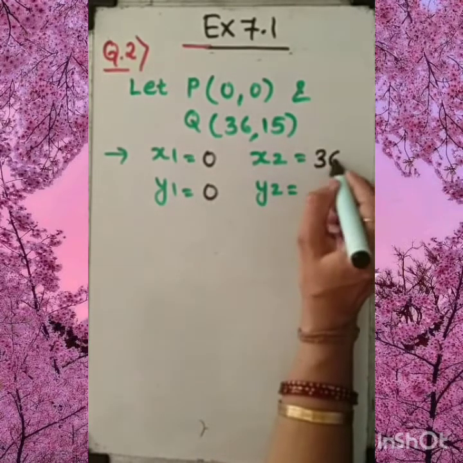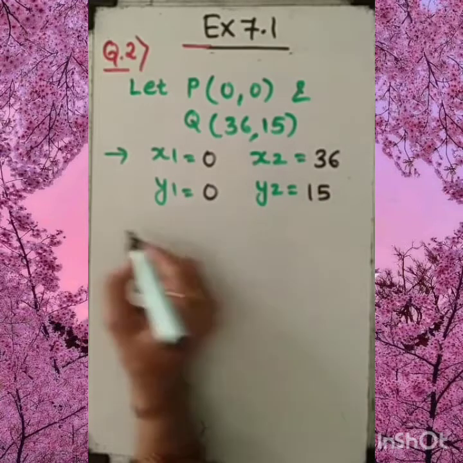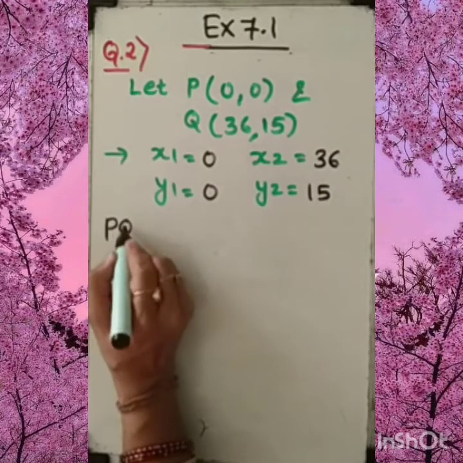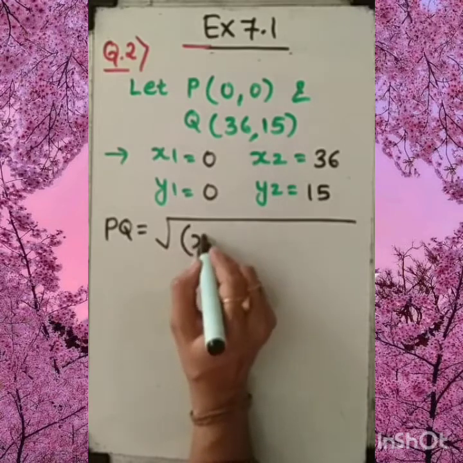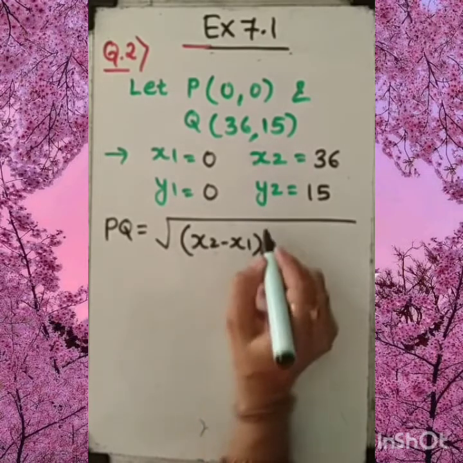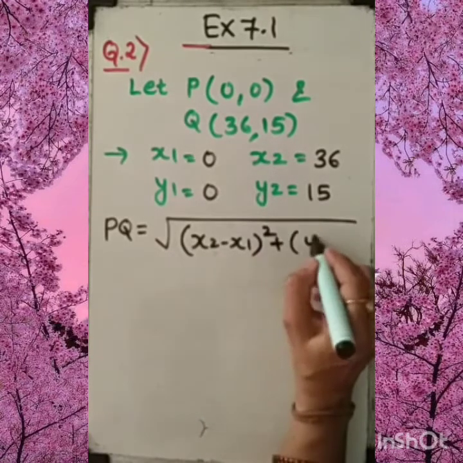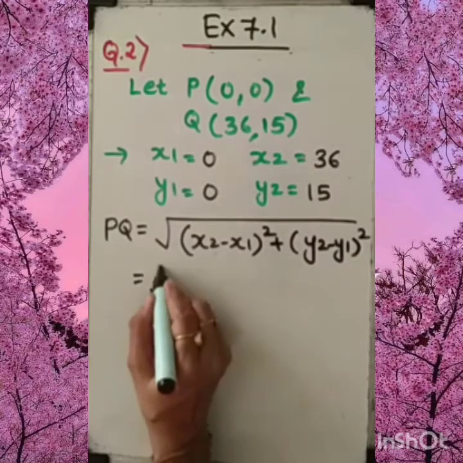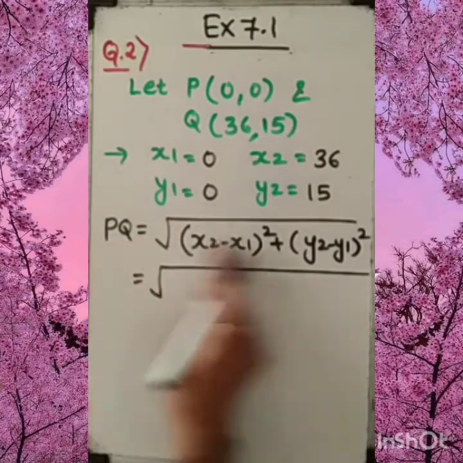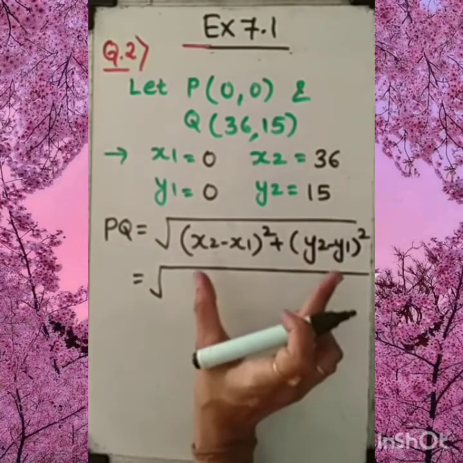This is 36, and of course this is 15. Now we want to find the distance between 2 points. So the square root of (x2 − x1) whole square plus (y2 − y1) whole square. We are applying the distance formula here. Please keep this in mind.